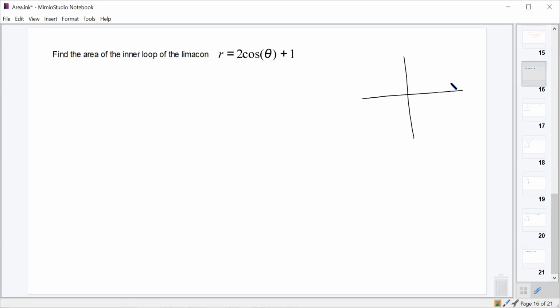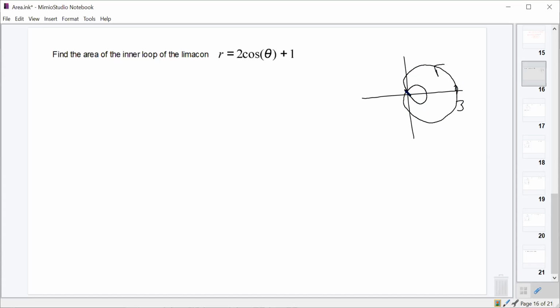So if we start at theta equals 0, that's going to start us all the way over here at 3. And it's going to go this direction until, oh, that's really bad. It's going to go this direction until it comes around and hits the origin, has this little inner loop, comes back around and looks something like that. So it's traveling in this direction.